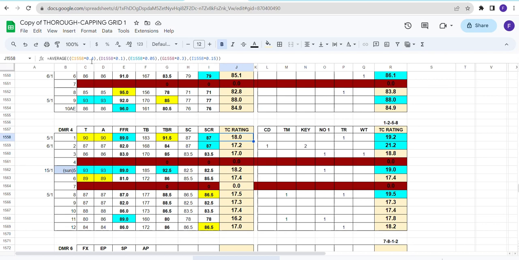So that was like a 0.4. So I took 40% of the target instead of the whole 90. That came out to a 36. I only took 10% of the ability. So instead of a 90, it came out to a 9. And so on and so forth. 5%, 3%, 15%.